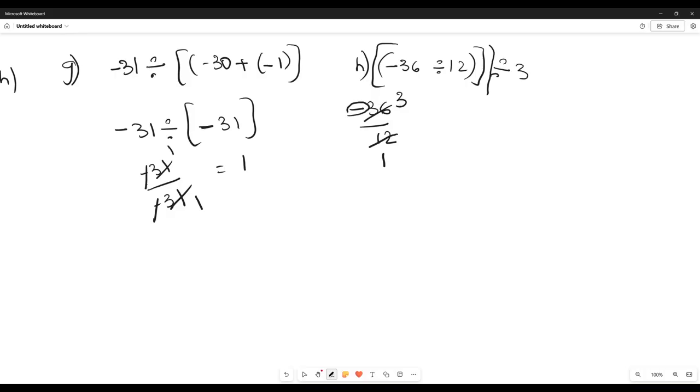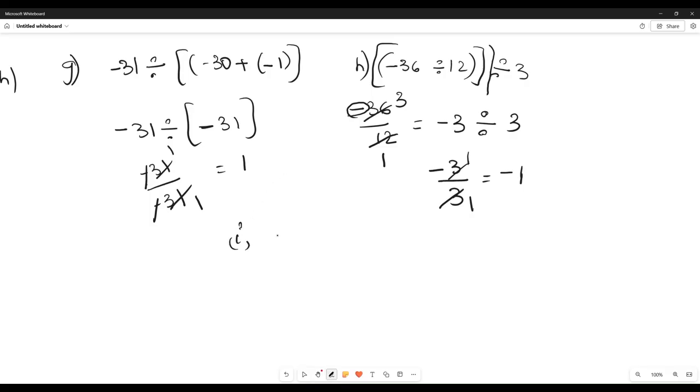Here only the numerator has a negative sign, so minus 3. Remaining, divided by 3. So minus 3, I'm sorry, minus 3 divided by 3. Only the numerator has a negative sign. So 3 ones are 3, 3 ones are 3. The answer will be minus 1.